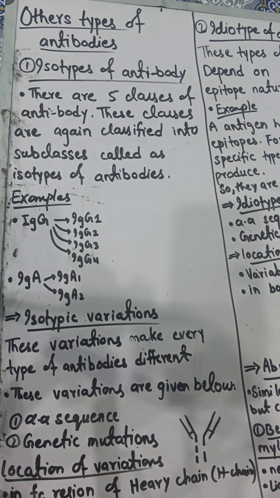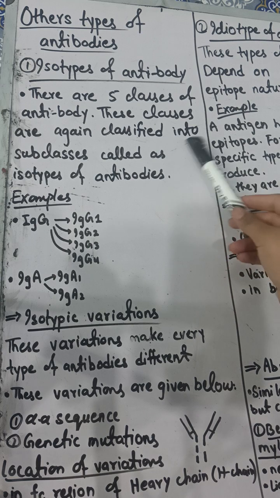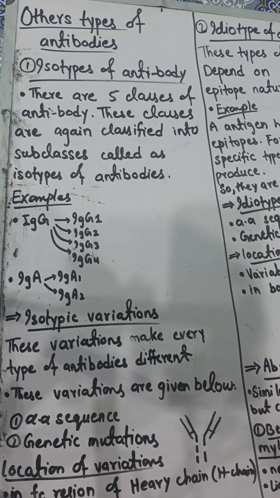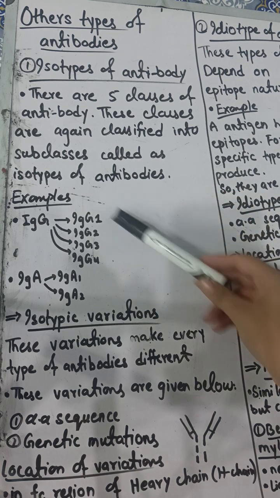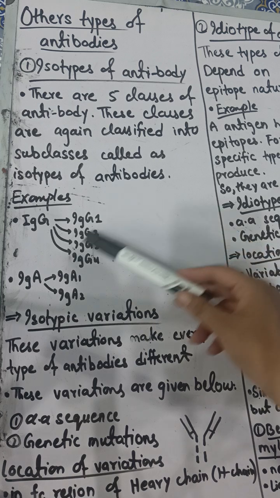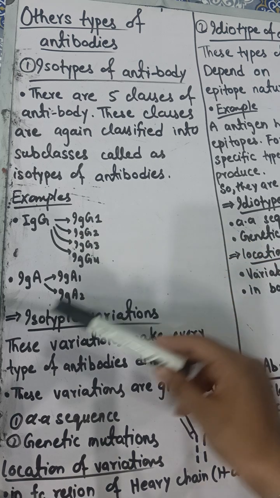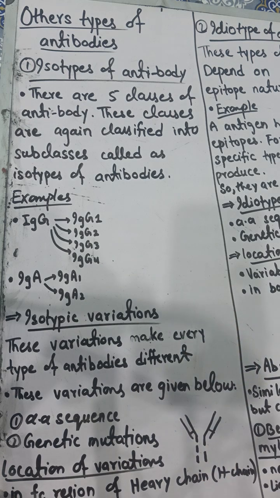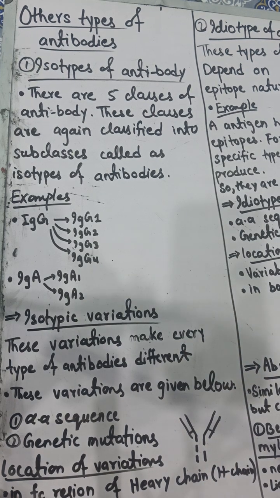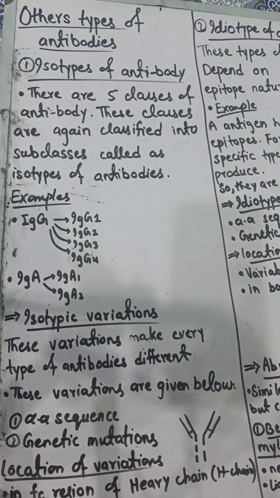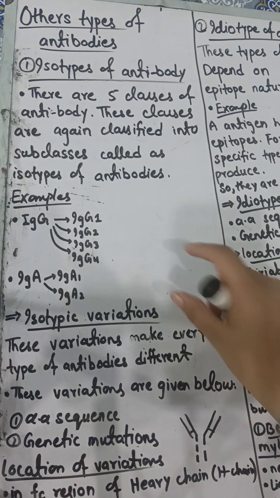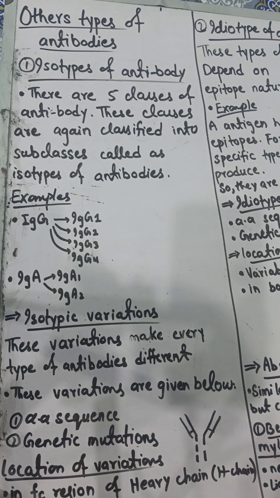These five classes are again subdivided into subclasses, and these are called isotypes. For example, IgG is divided into four subtypes, IgA is divided into two subtypes, and other antibodies are also divided, but they are not as famous. Therefore, these two antibodies are major and mostly popular.